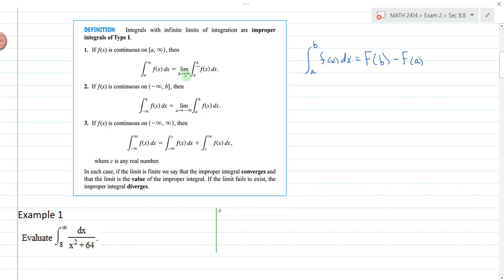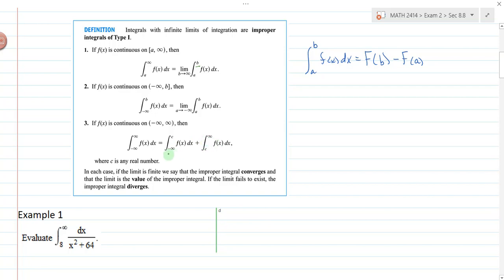We're going to look at the limit as b goes to infinity if our upper bound is infinity, and typically we'll look at the limit as a goes to negative infinity if our lower bound goes to negative infinity. And if we have both bounds going to infinity and negative infinity, what we would do is pick some point in between negative infinity and infinity, typically 0 or some other nice number where the function is nice, and we would break this into two improper integrals.